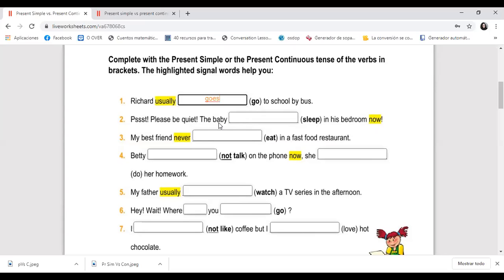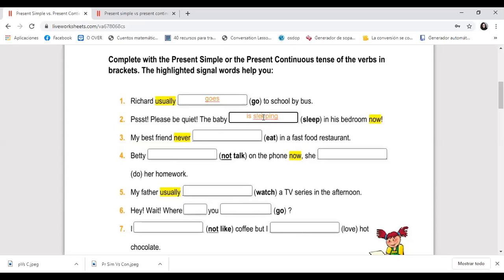The baby is sleeping in his bedroom now. If we have now here, that means that we refer to the moment of speaking. So, the baby, he or she, is sleeping.